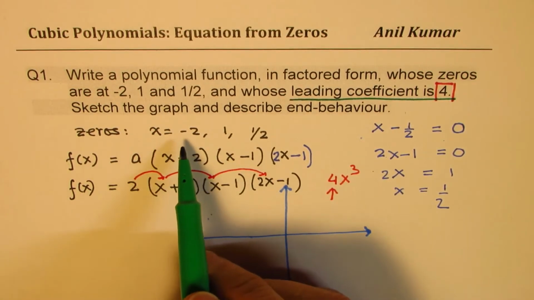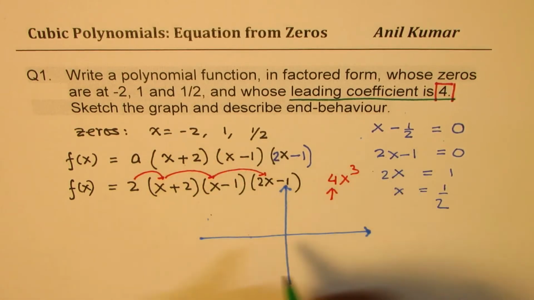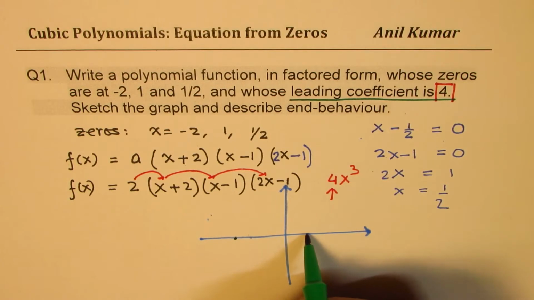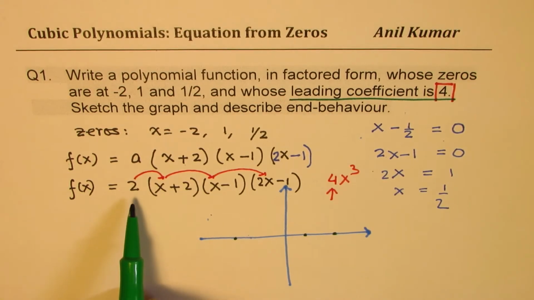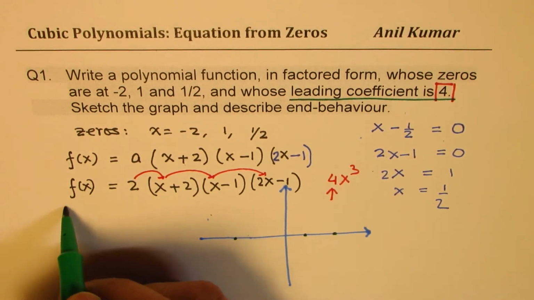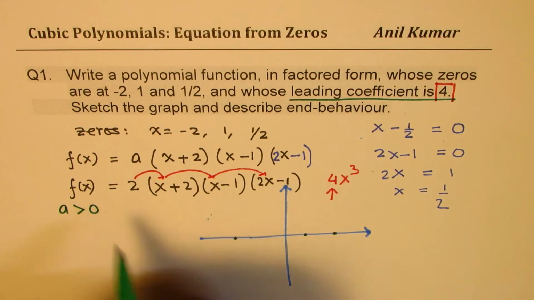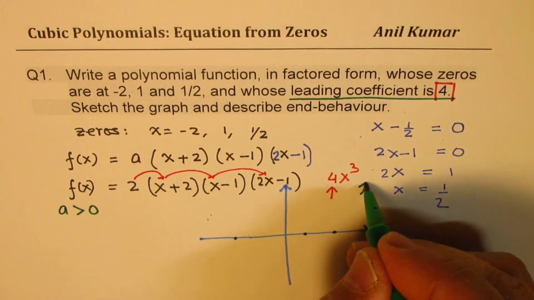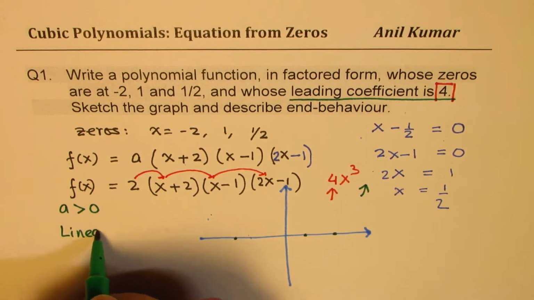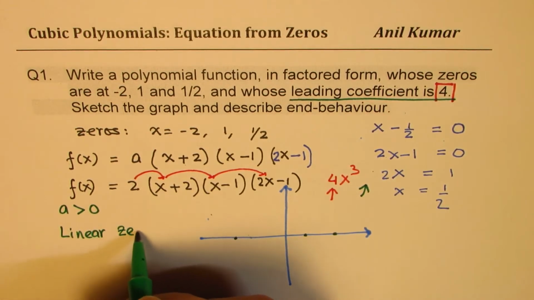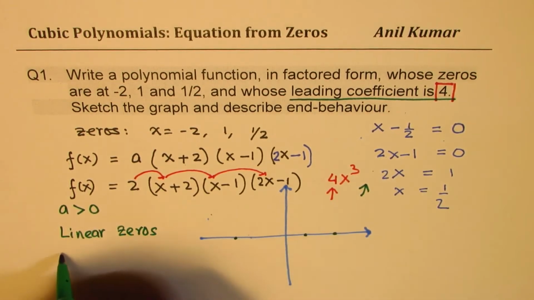Now let us try to sketch this. So we are given roots at -2, 1 and half. Let's say this is -2 for us. And then we have positive 1 and half. Let's say this is half and this is 1. Since the leading coefficient is positive, we know a is greater than 0. So we have right side up, correct? And all are linear zeros, multiplicity 1.